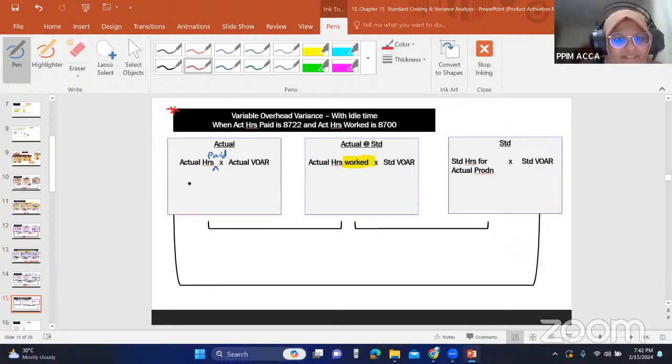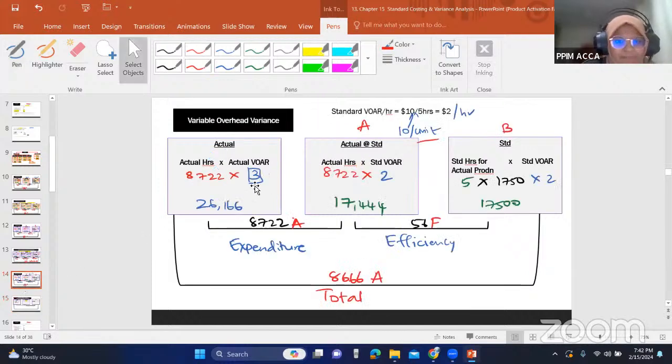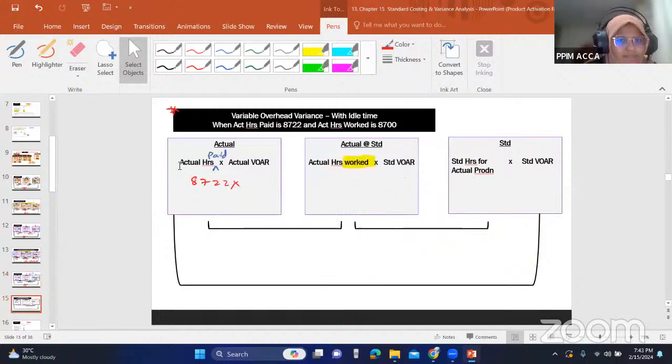Actual hours paid is 8,722. Actual VOAR, we don't know. I mean, we calculated previously as 3, but we only knew that the total was 26,166. So let's put that in: 26,166. You can calculate it if you want.